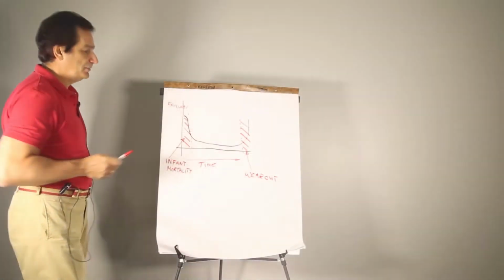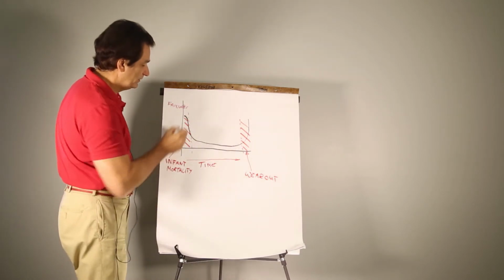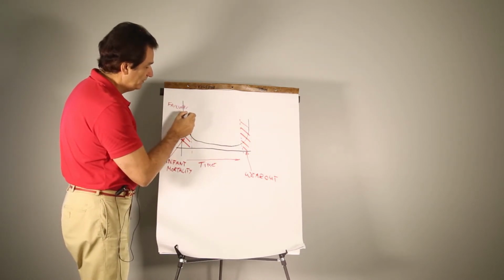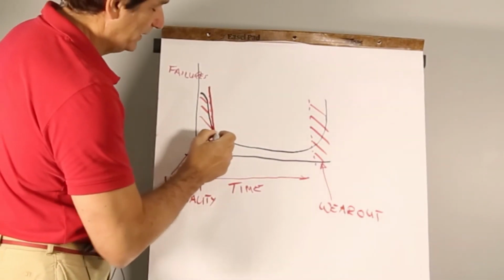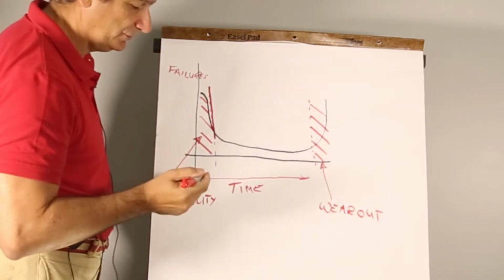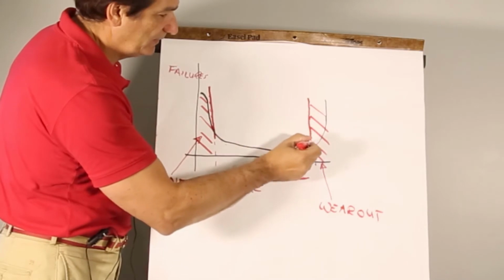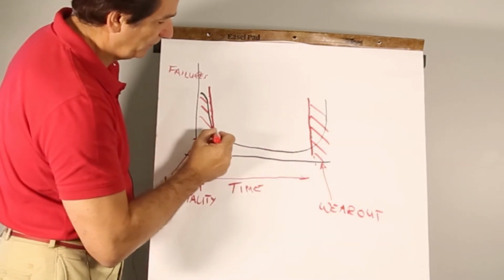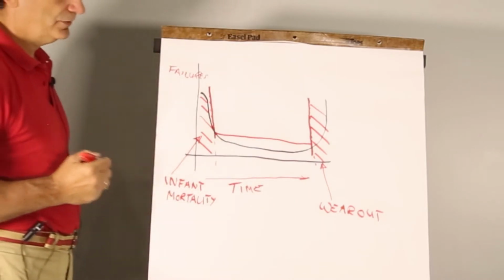Now, why is this important? It's important for a number of reasons. When manufacturers of safety products create their safety manuals, they will put in there what the useful life of the product is. And the useful life basically is between these two points.